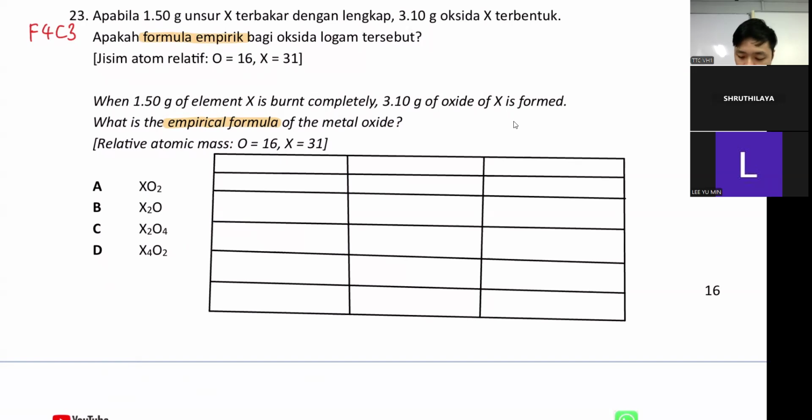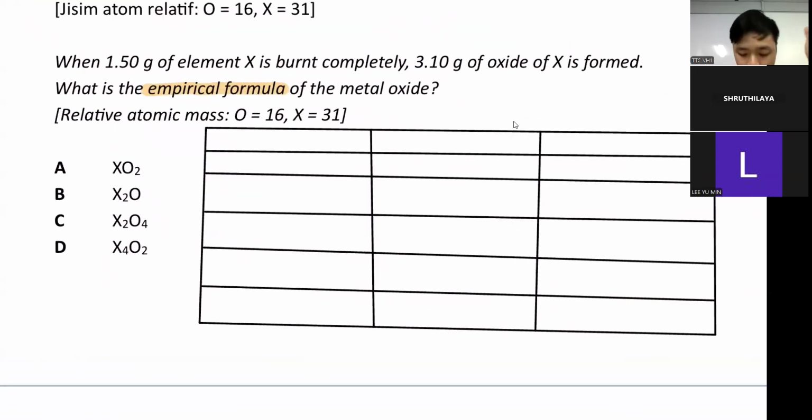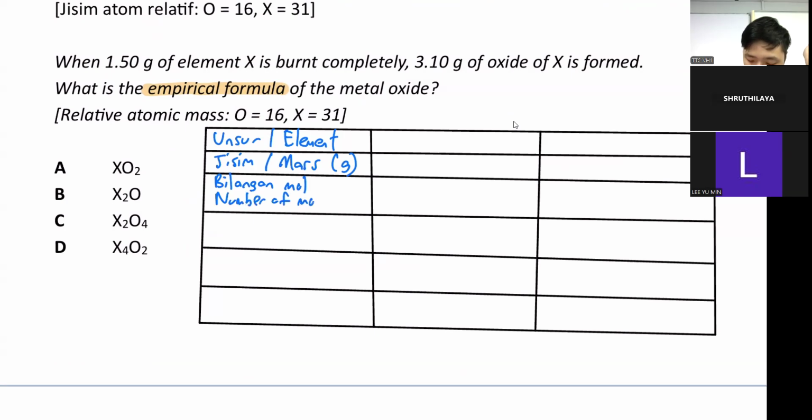So remember, what do we label to find empirical formula? First, the element. Second is the mass, the unit is gram. Third is the number of moles, unit is mol.